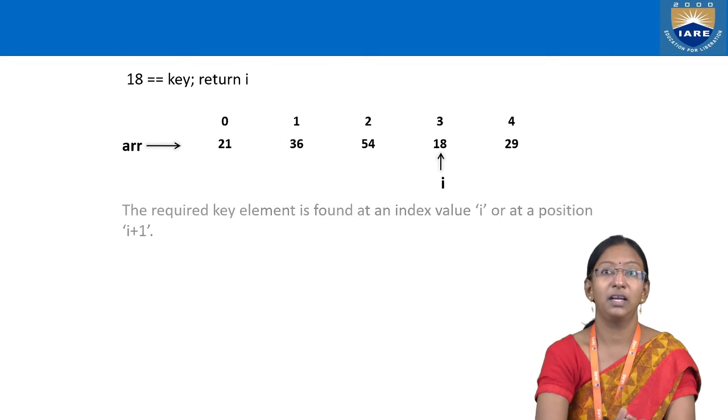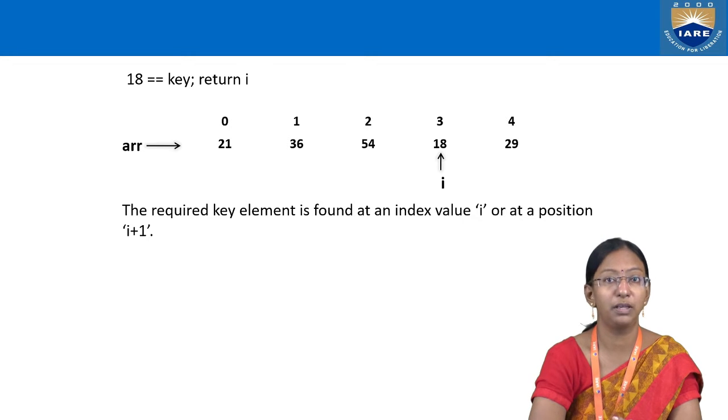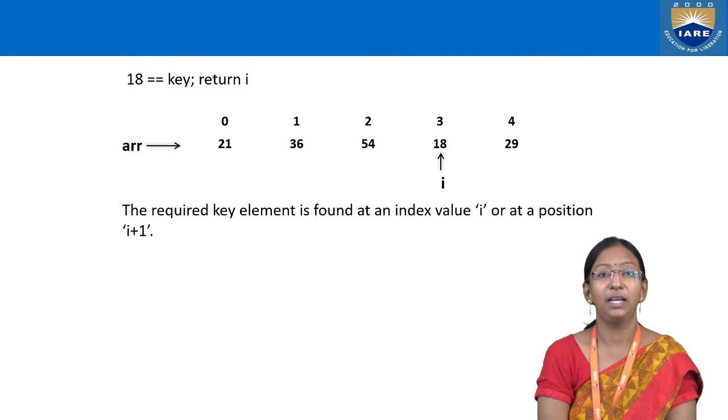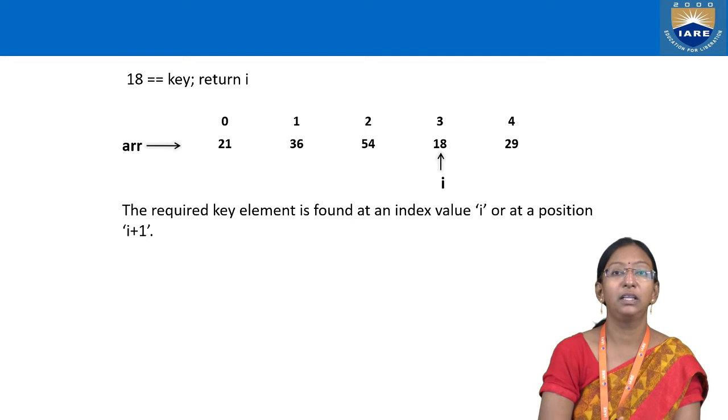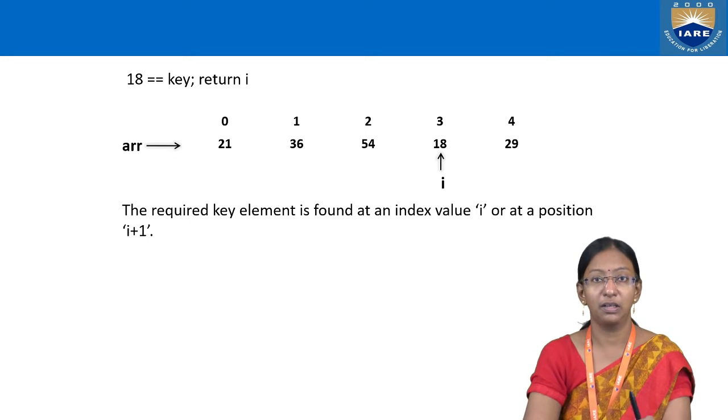So just say that at index value i, the element is found, or you can also say that at position i plus 1, because the index values start from 0, the required key has been found. I hope it was clear.